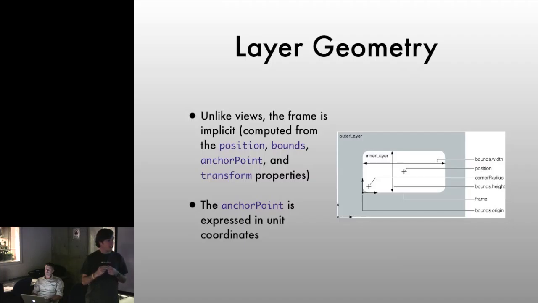The idea is it's supposed to be the weighted center of the view. If you can imagine this being some plate with variable weight, the anchor point is the center point. It's also the rotation center point. So in particular, if you do rotations on a view, it rotates around the anchor point. So it uses the anchor point and the position and the bounds size to figure out where the actual layer gets drawn and what its actual rectangle is.